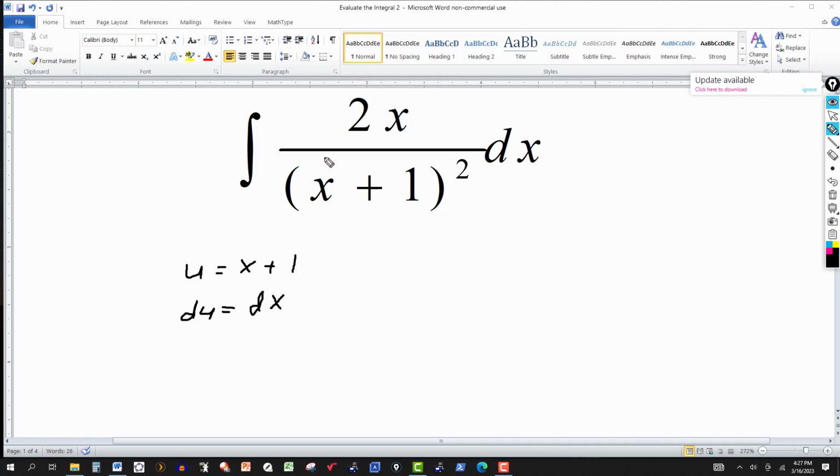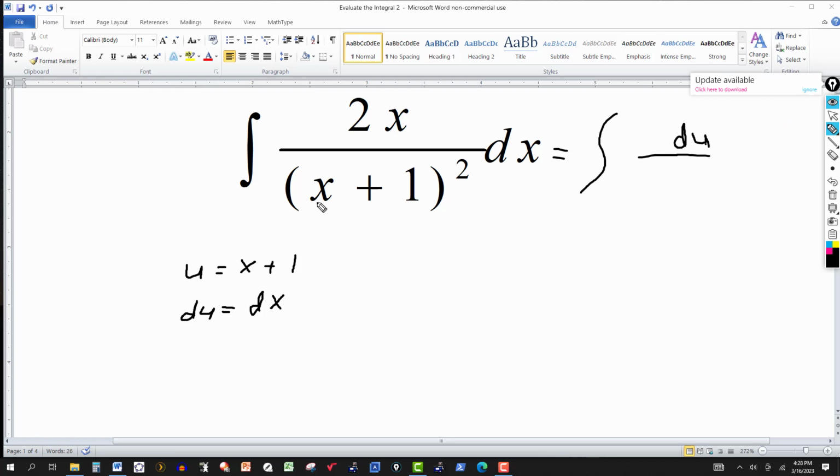Remember, the objective with the u-substitution is to convert this integrand into an expression involving u instead of x. So this should equal, then, dx and du are the same thing, so I can replace the dx with du.